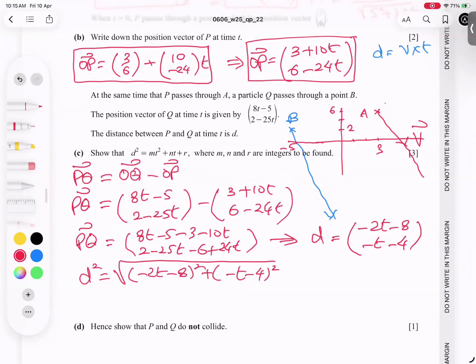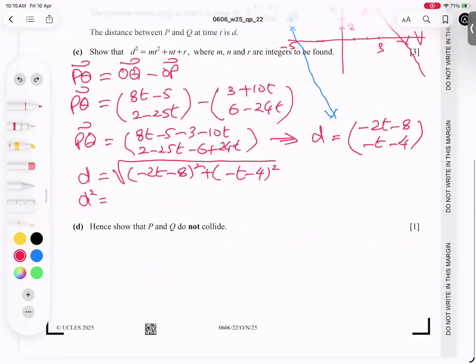Okay, now I'm going to find it. This is without the root, the power 2. If I square both sides, the root will be eliminated automatically. And now I'm applying the squaring identity for the sake of your information. If I use both positive signs, it looks like this: a square plus 2ab plus b square.